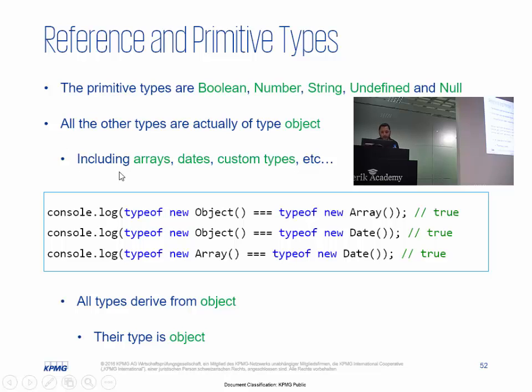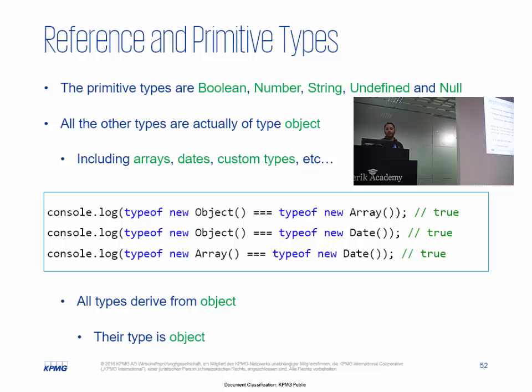Okay, what we see here is, I just talked about this before the break, that arrays actually give the same type as object. So arrays are actually objects in the language.